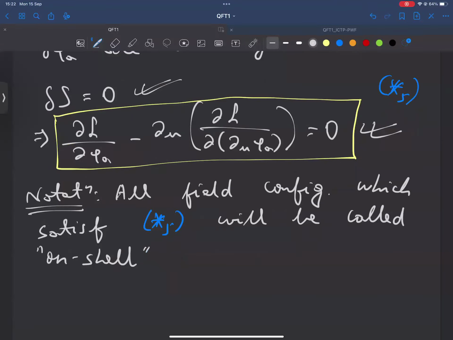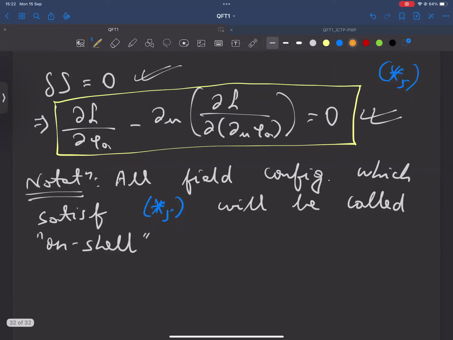And towards the end of today's lecture, we will see certain expressions which are off shell, which are just identities by themselves. So they don't require equations of motion. So they will be off shell quantities or off shell expressions or off shell field configurations and so on. So again, that was quite straightforward from classical mechanics, just generalized.